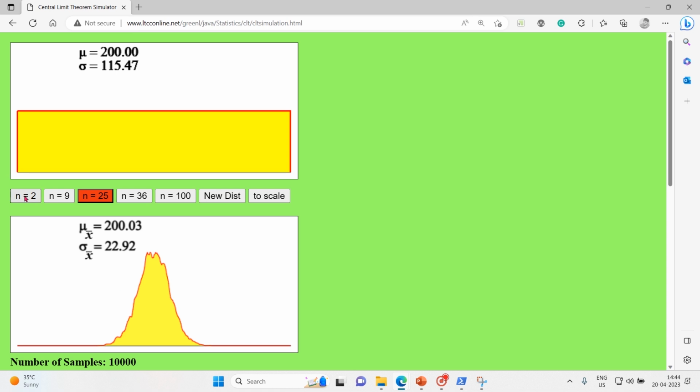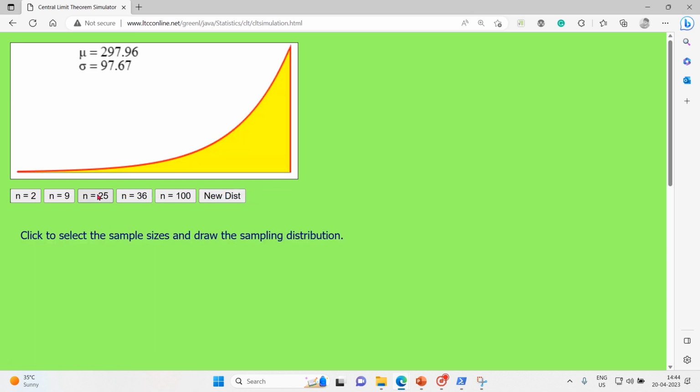But anyway, one thing we can prove with that is as the sample size increases, our sampling distribution will be inching towards the normal distribution curve.